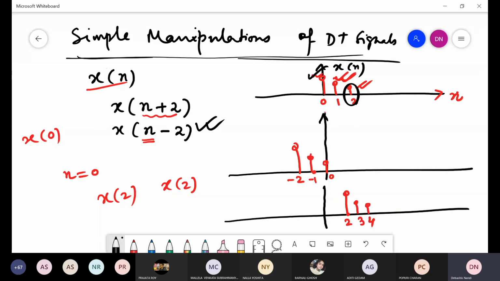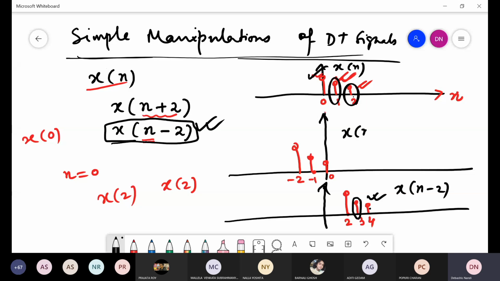So when you put n is equal to 4 in this particular signal, you are getting this value here. Similarly, for n is equal to 3, you are getting x1. x1 is this, and this x1 will be shifted here at n is equal to 3. So this signal is xn minus 2, and this signal is xn plus 2.